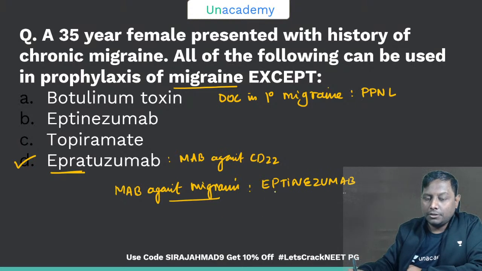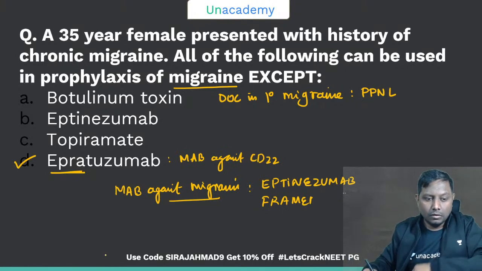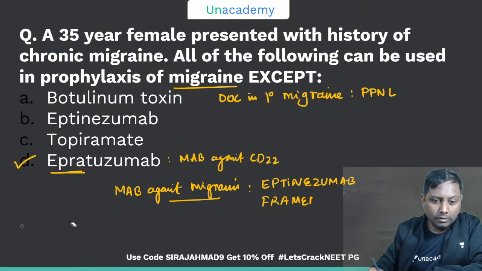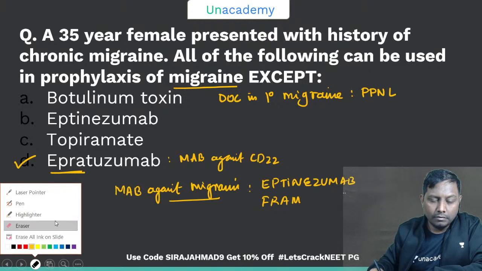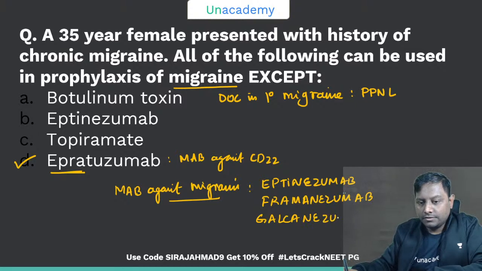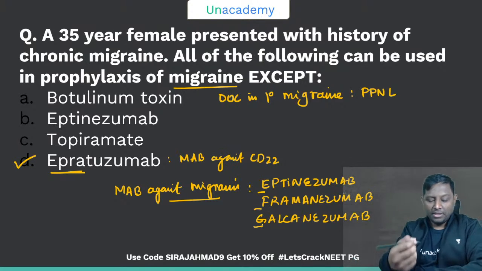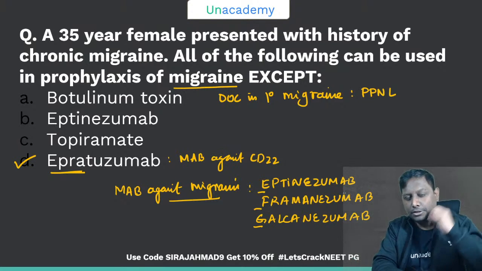Then Fremanizumab, then Galcanezumab. It's very easy for you to remember: EFG. These are the monoclonal antibodies against migraine. Please do remember this.